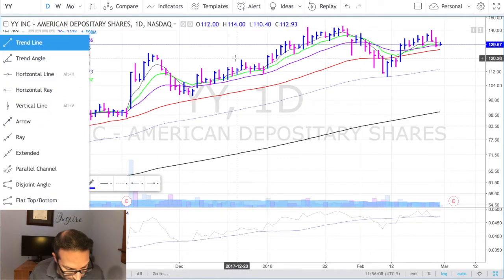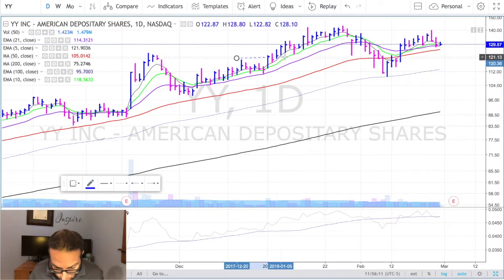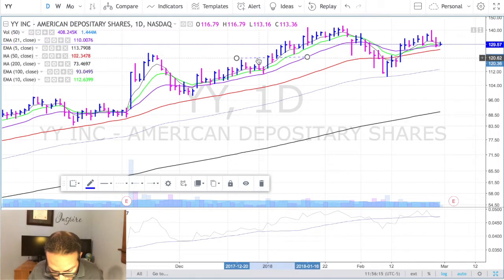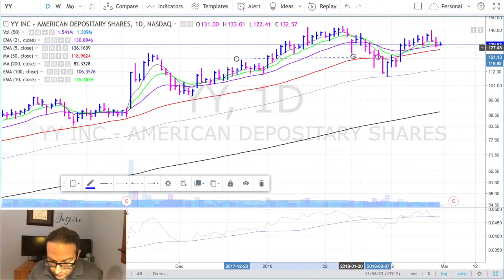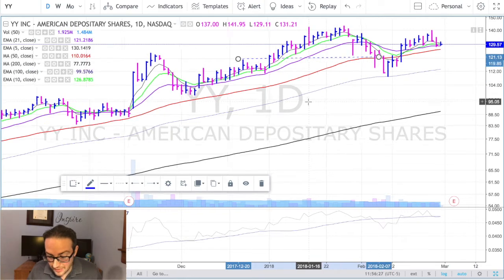So if we take our drawing tool and we draw a line over here, we could kind of see that there was a ceiling over there, and it was acting as a floor sort of for at least that one instance.